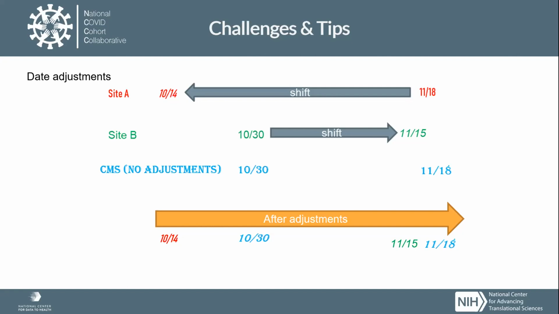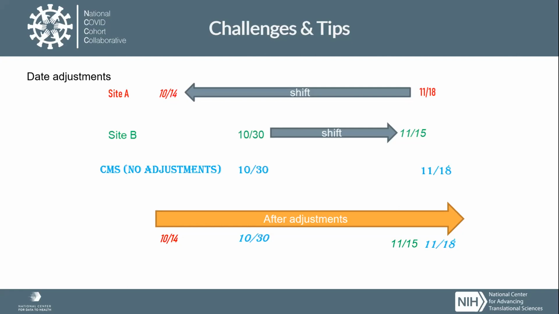One is date shifting applied to the EHR data by some data partners. And then there's potential date discrepancies in the CMS data compared to the dates in the EHR data, just as a consequence of how things are entered in CMS versus EHR.